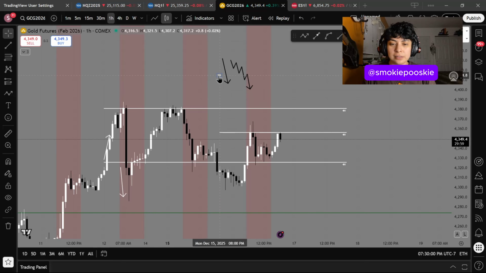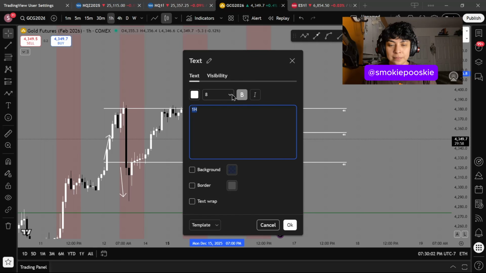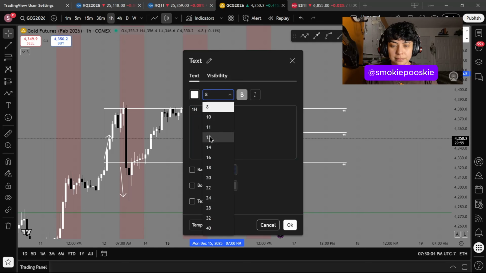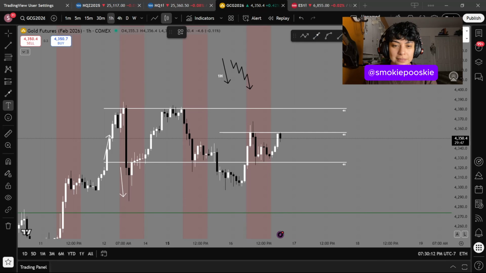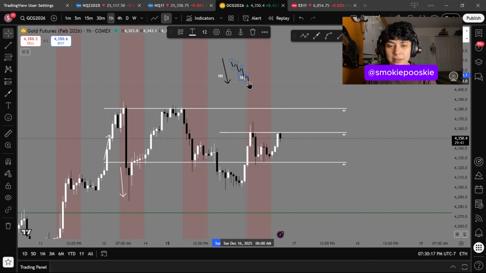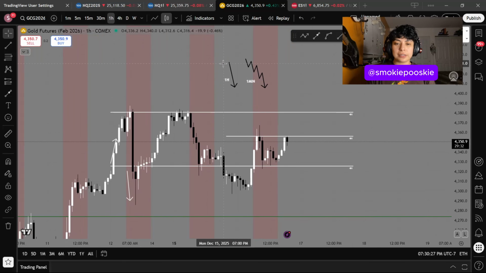And this is the 1 minute, right? 1 minute, because some of y'all will think it's month. So 1 hour structure can look like this, but 1 minute structure can look like this.